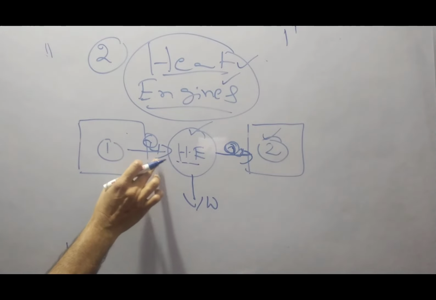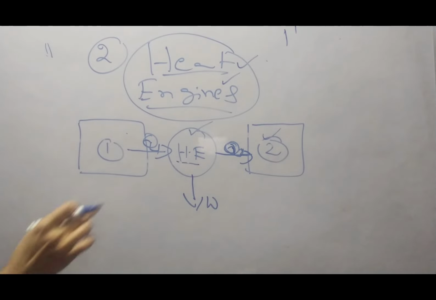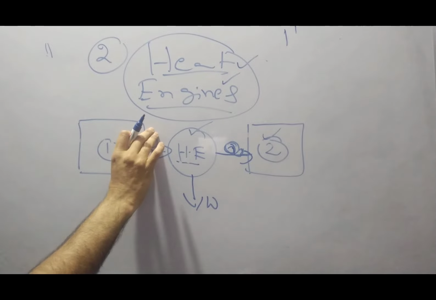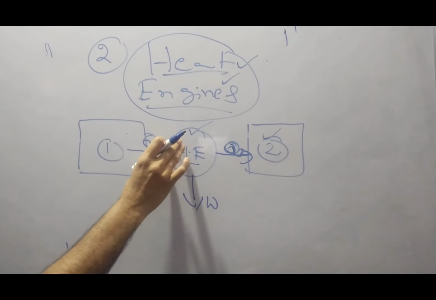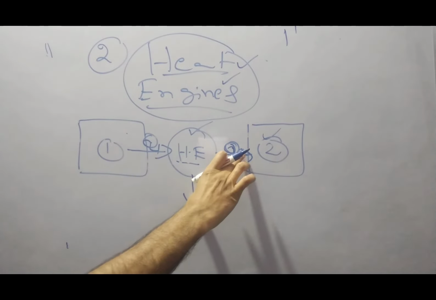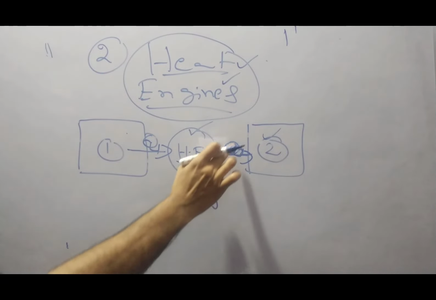Now again here the first law of thermodynamics is applicable. Why? Because of the law of conservation of energy. What is the law of conservation of energy? The Q1 given to the engine is of two forms, W and Q2.